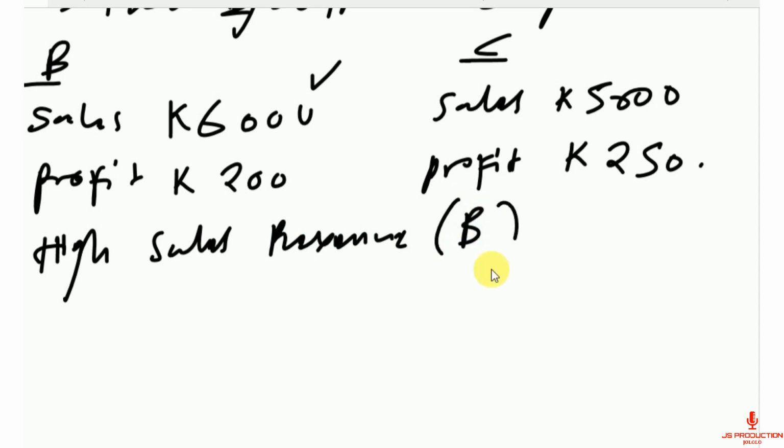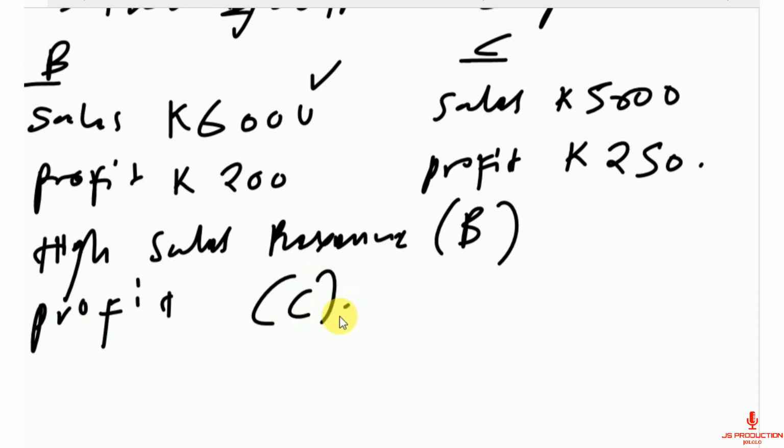But if he's looking for a higher profit, he might invest in company C. So that's the whole instance of analysis of ratios.